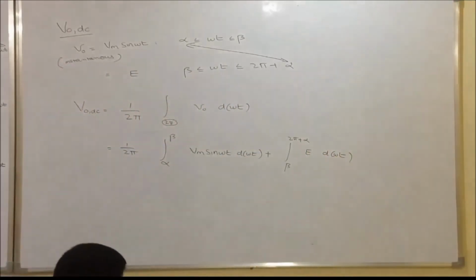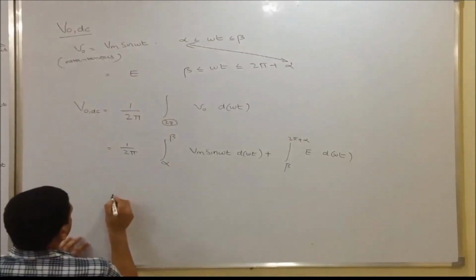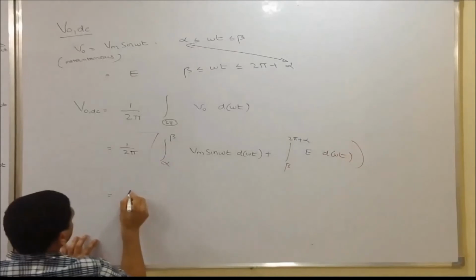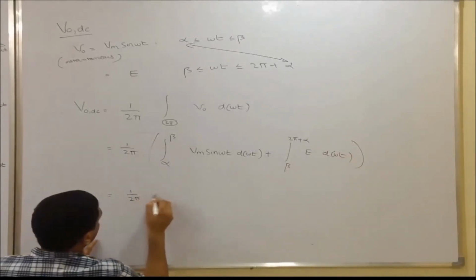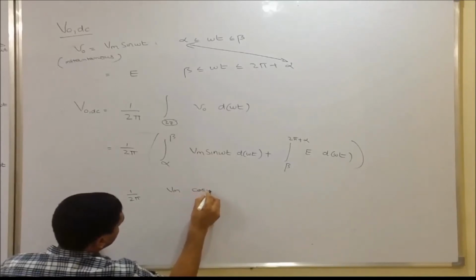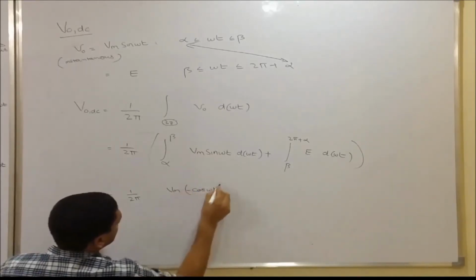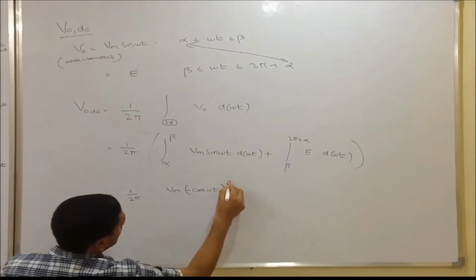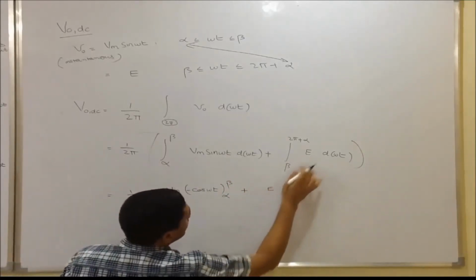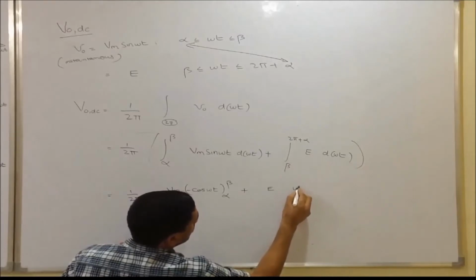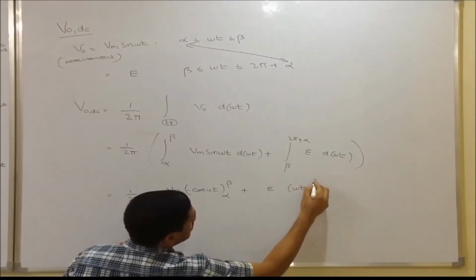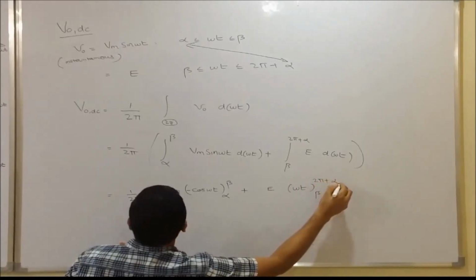So, if I integrate this one, 1 by 2 pi is common. It becomes 1 by 2 pi into Vm cos omega t. Integration of sin is minus cos. Limits from alpha to beta, plus E is constant and I have 1. Integration of 1 is omega t because I am integrating with respect to omega t. The limits are as usual.